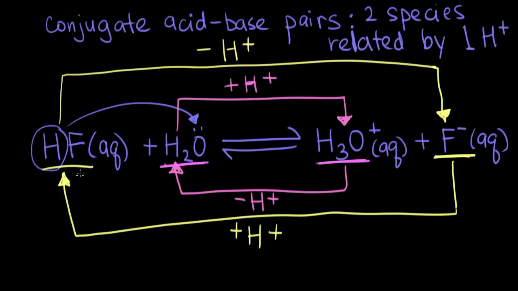So in this case, our hydrofluoric acid is acting as the acid in the conjugate acid-base pair. And that means that fluoride has to be acting as the base. That makes sense because the Bronsted Lowry definition of a base is something that will accept an H+. And that's exactly what it does in the reverse reaction. Your F- will pick up an H+ and go back to your acid.